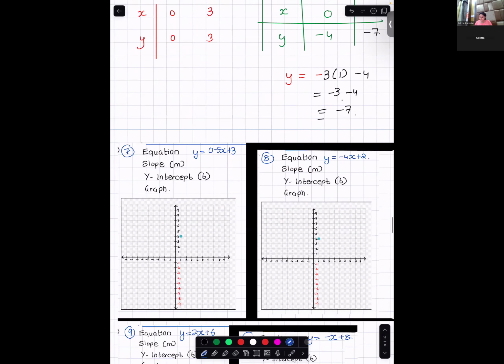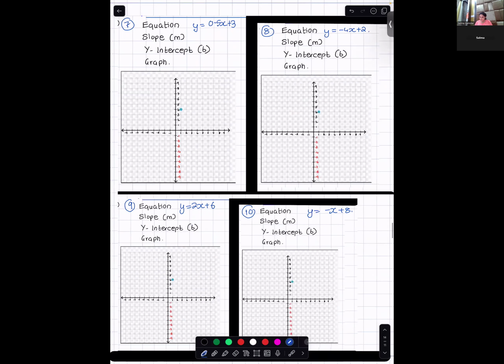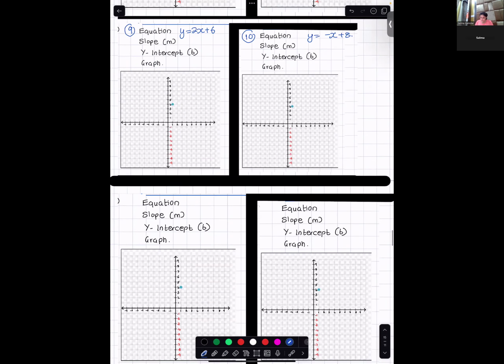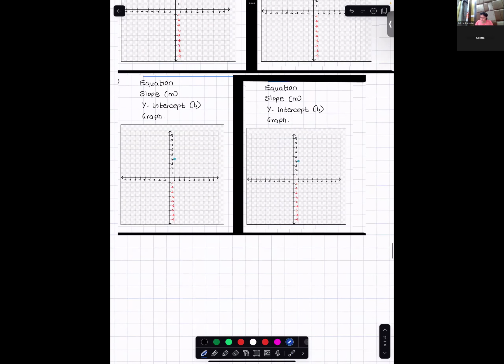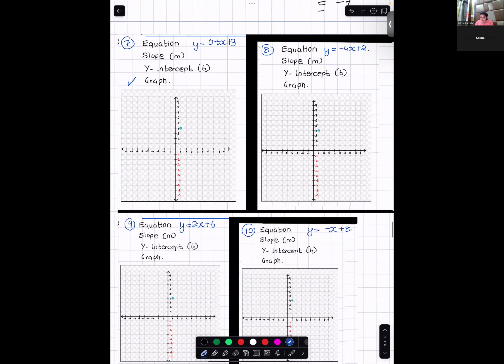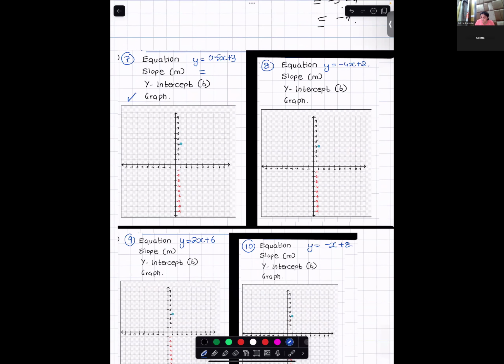Now you have more work to do. You can try these sums: first, second, third, fourth. Okay. We look over here. We'll just write the y-intercept and this. Slope is positive, that is 0.5. Y-intercept would be 3. So the graph will have a positive slope, that is a diagonal line.